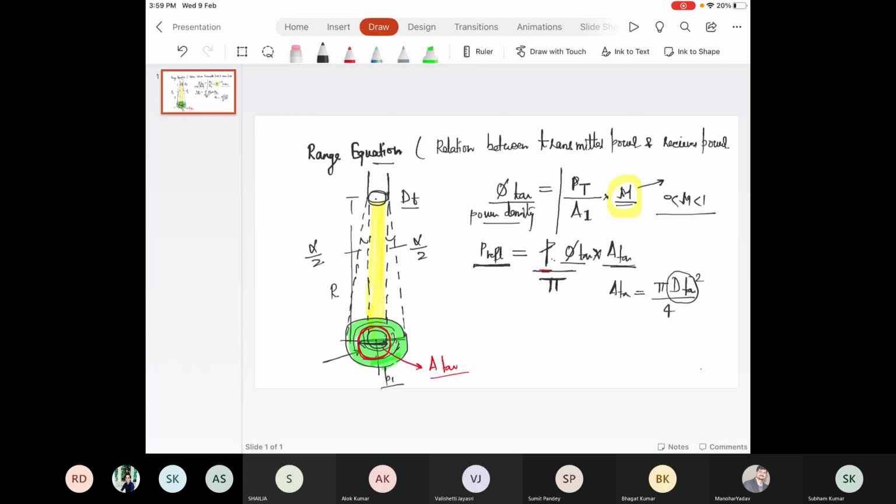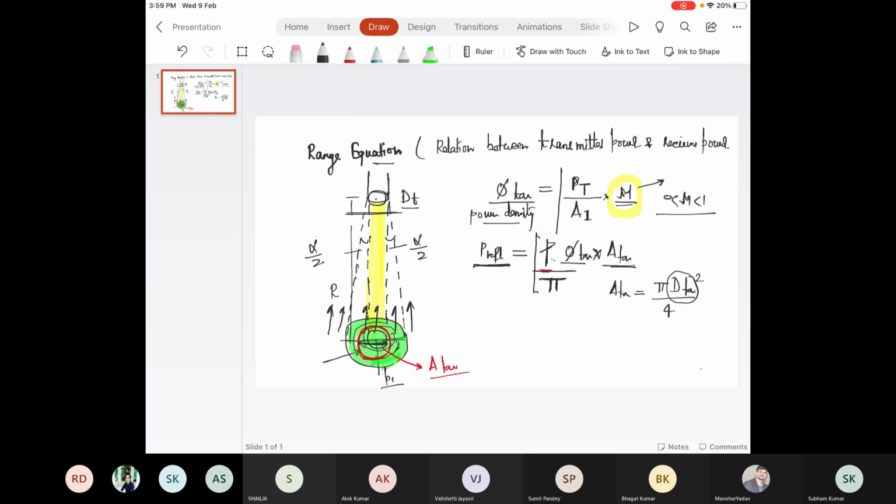Again, the same path will be followed by the reflected energy to reach this receiver. So this reflected power will be multiplied by the factor m, that is atmospheric transmission. The energy within the laser pulse travels from the laser source to the target and is multiplied by m, that is the losses.